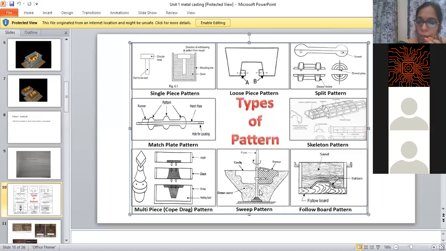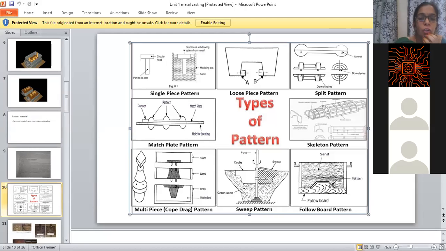Sweep pattern is very, very important. Please see, sweep pattern is the one used if you want to create an axisymmetrical part. Axisymmetrical means, let's say, a component which has the same dimensions all around, for example a bell in the temples, or a bellows.